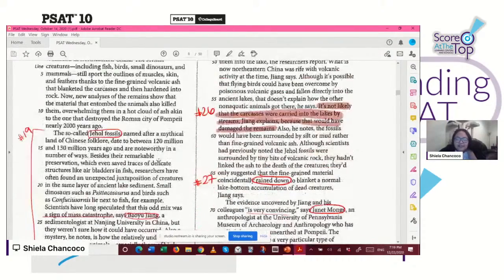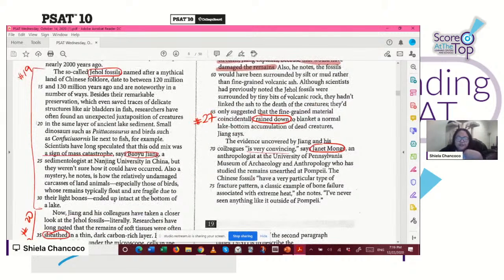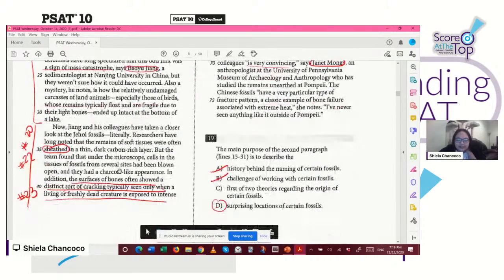So that's the overarching theme of this passage, and it tells you about how they try to figure that out and how scientifically what was going on, right?